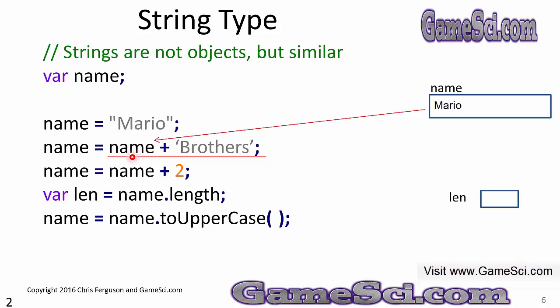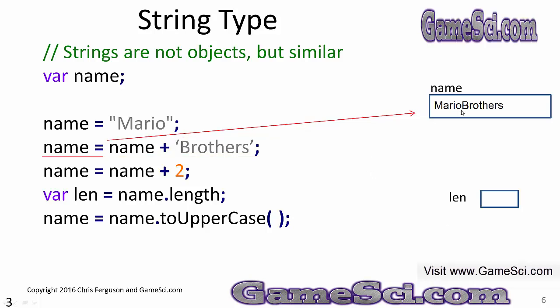It says take this string and make a bigger string by adding this to it. Also notice that I'm using single quotes on brothers. JavaScript will accept double quotes or single quotes when you want to access a string. Both Mario and brothers are string types. What I'm going to do is extract the value Mario from the variable name and add to it, or append to it, the word brothers.